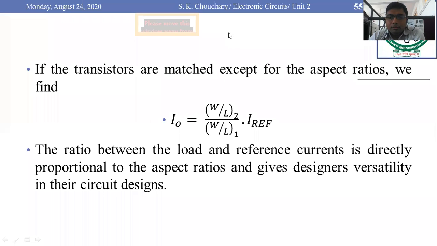We came to the conclusion that the output current is equal to the reference current for the ideal current mirror circuit, and in practice it would depend upon the aspect ratio, meaning the W by L ratio, of both the transistors used to construct that current mirror circuit. Now today we would extend the discussion of current mirror.